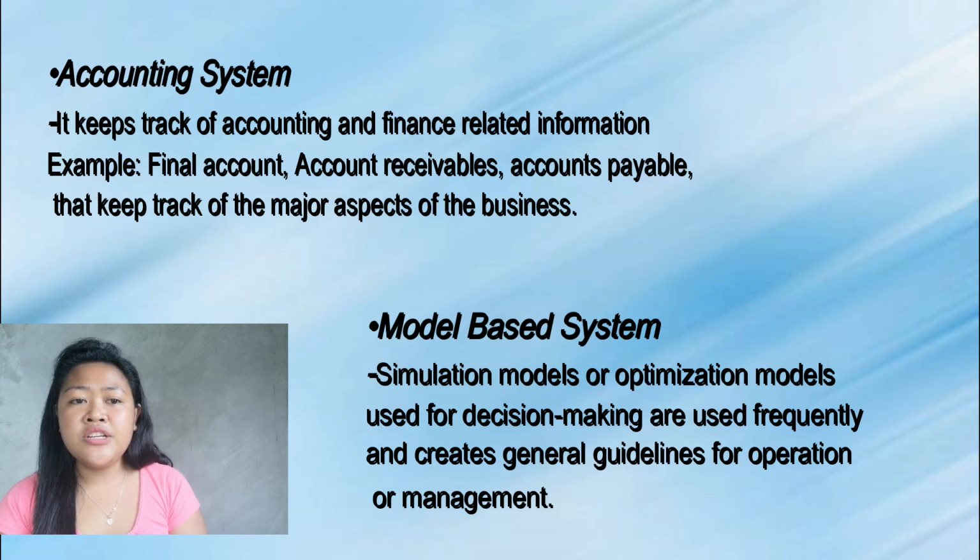Example, financial account, accounts receivable, accounts payable that keep track of the major aspects of the business. Model-based system. Simulation models or optimization models used for decision making are used frequently and create general guidelines for operation or management.